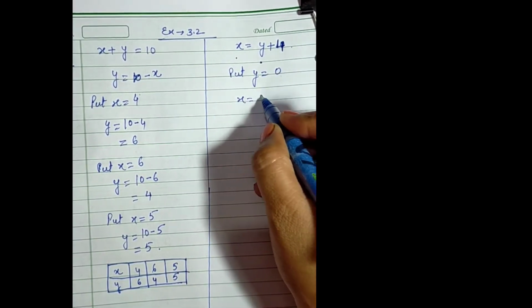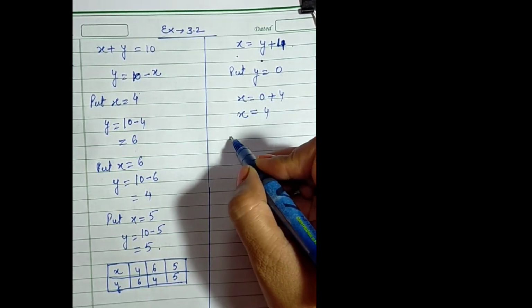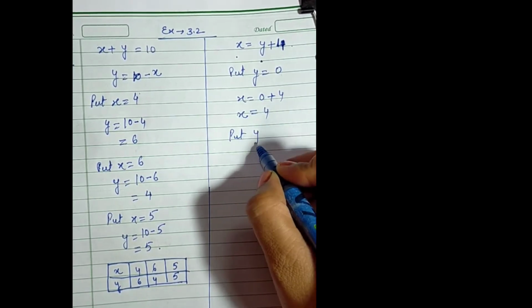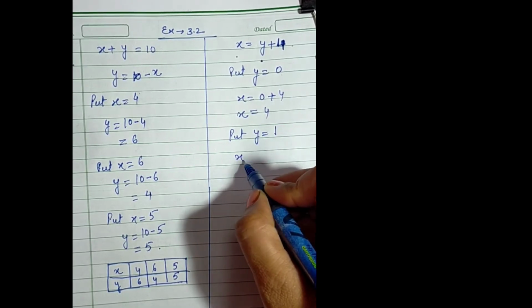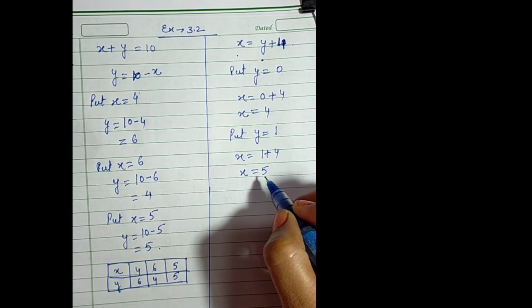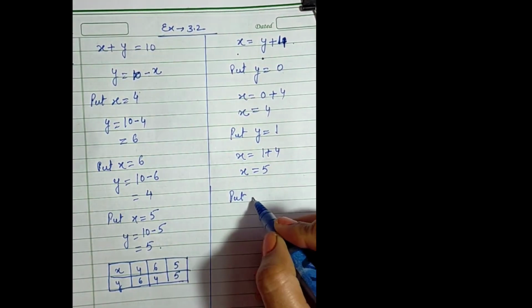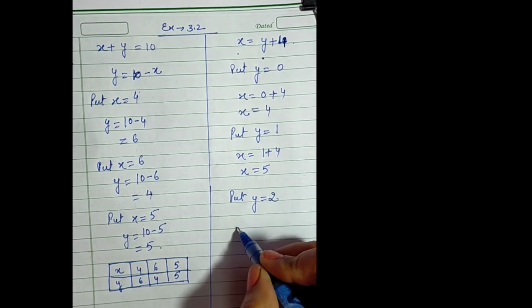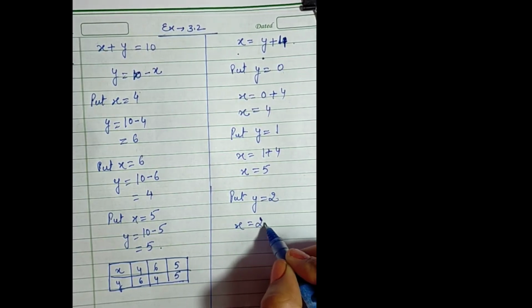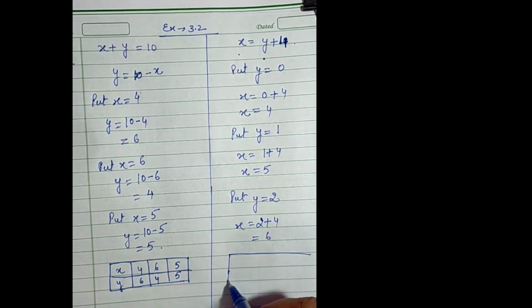X becomes 0 plus 4, that is 4. Let's put y to be 1. So x becomes 1 plus 4, that is x is equal to 5. Now put y to be 2. So x becomes 2 plus 4, which is 6. So here is the other table.